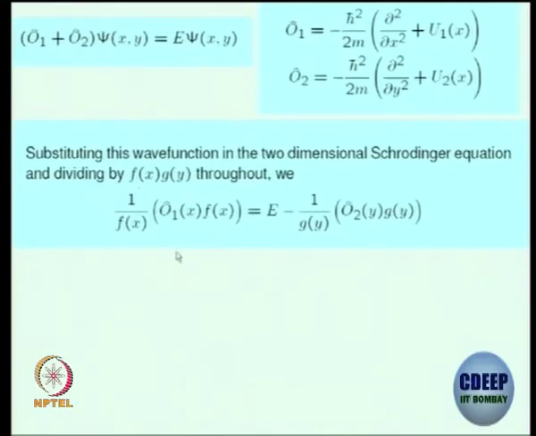The piece which is x dependent, put it on the left hand side, and the piece which is y dependent, put it on the right hand side, and they will be related up to a factor of e. So, this is the exact expression, or equivalently this plus this will be equal to e, because we have divided by psi, okay.